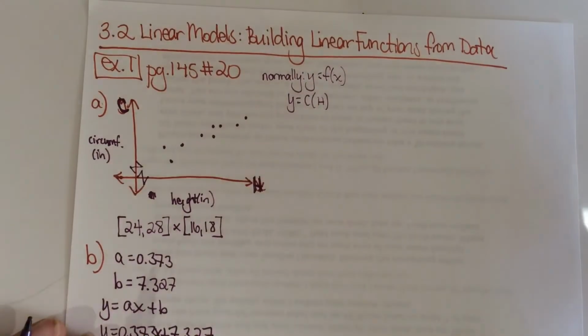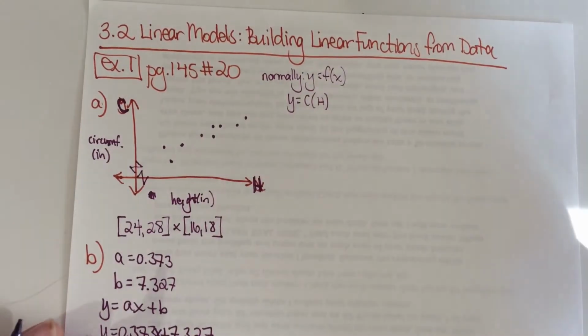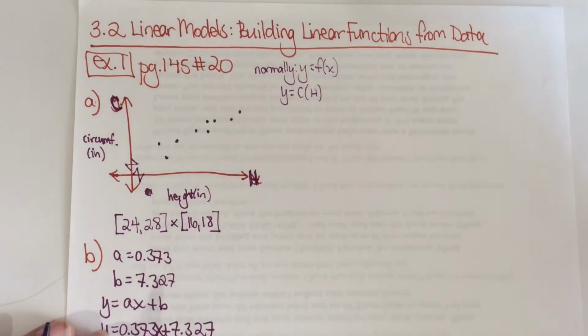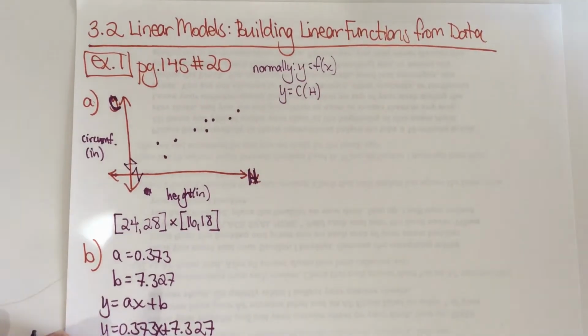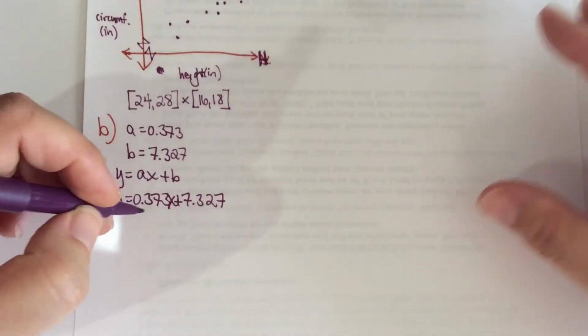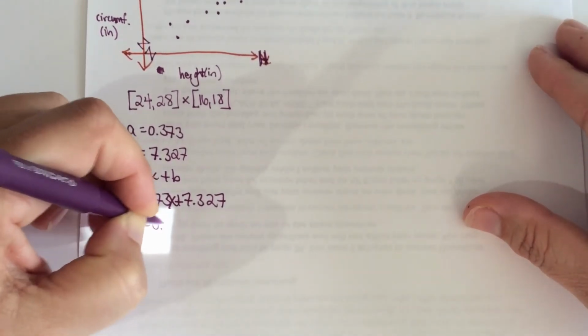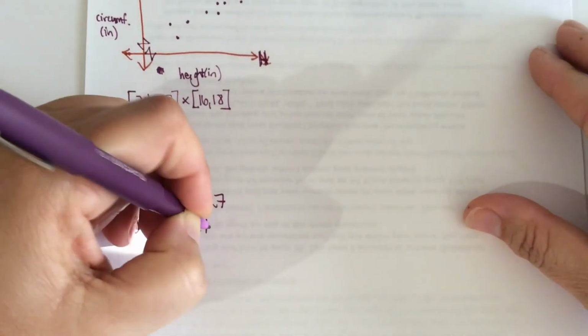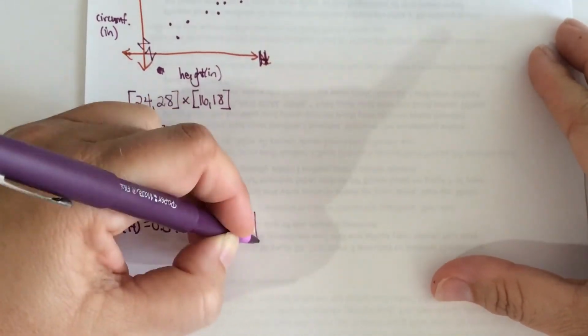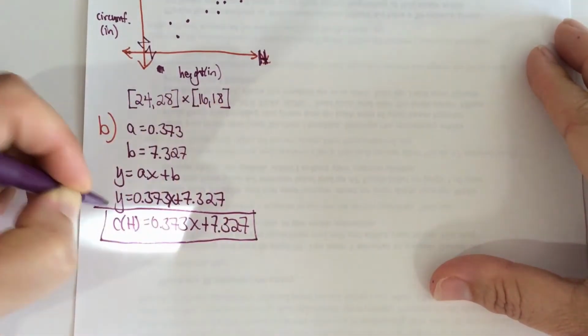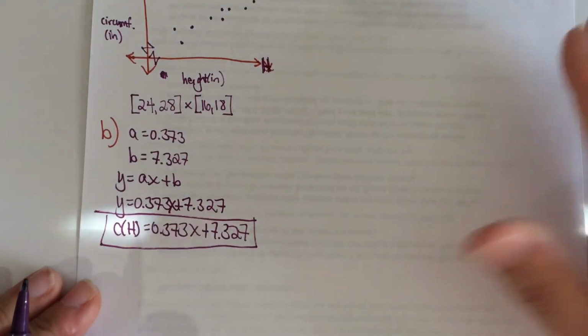Okay, so we're going to write c of h equals, and that is our equation of the line in function notation.